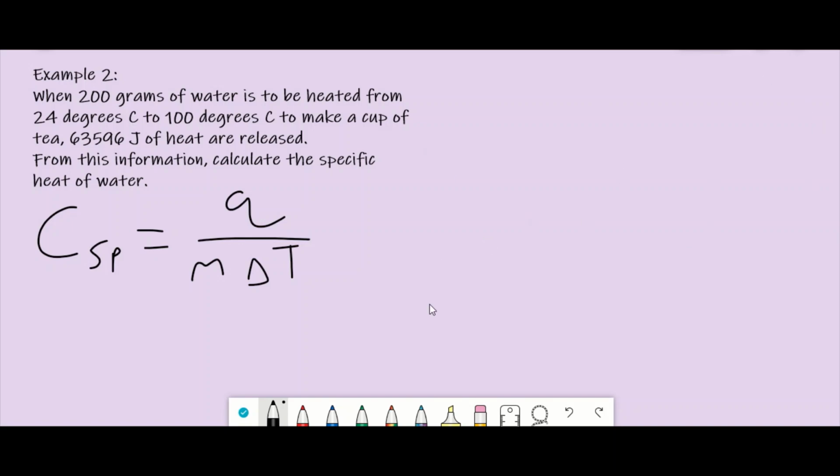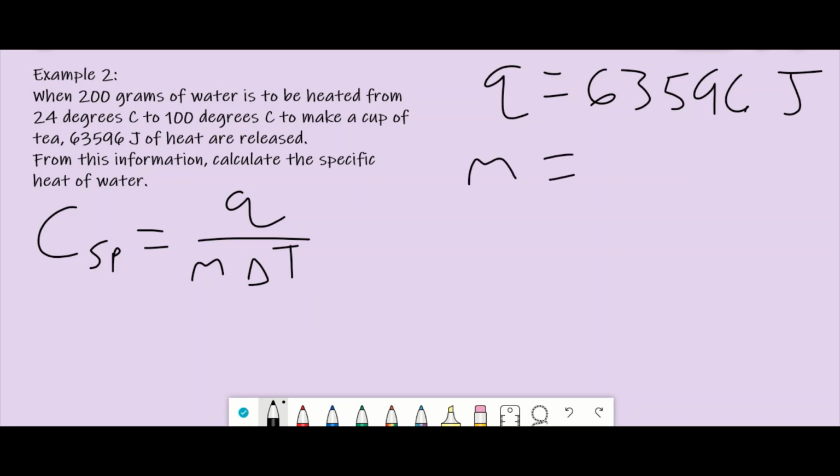We're trying to find our specific heat. We know Q, our heat energy, is 63,596 joules, and we know our mass, it says right there, is 200 grams.